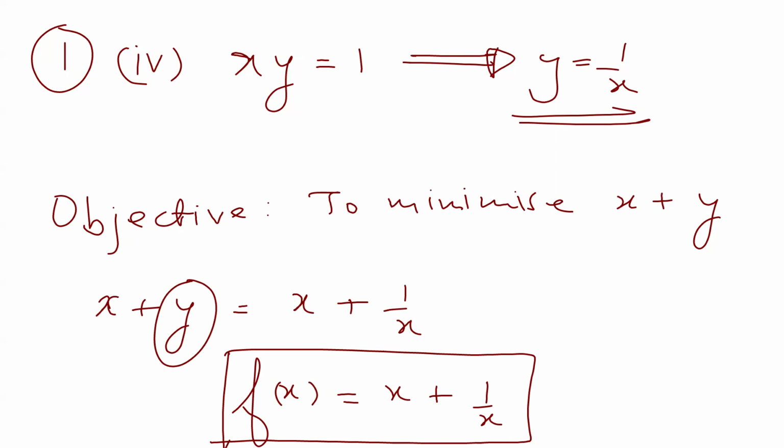After calculating f of x, we will calculate f dash x and f double dash x. So f dash x is equal to 1 plus minus 1 upon x square.